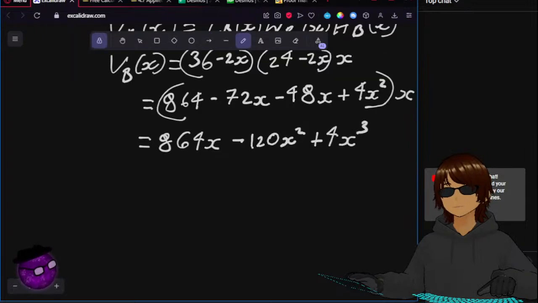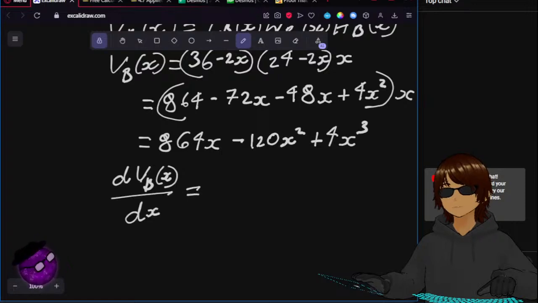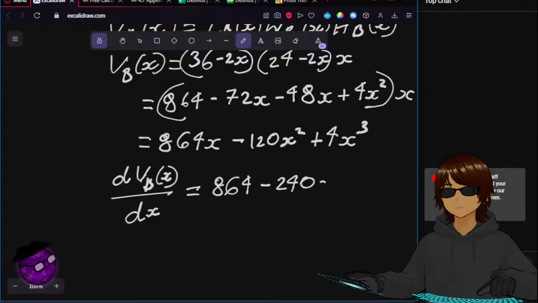And the derivative, we need to find the maximum, right? So the derivative has to be 0. 240x. 4 times 3 is 12.